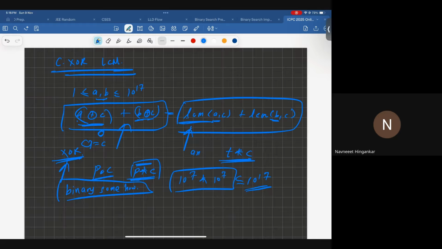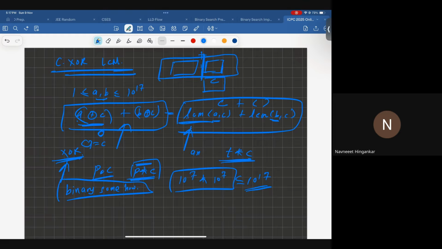And the moment I did LCM of A comma C, this becomes C plus something, right? And B XOR C. Something like this, that C portion is there in binary plus C. This is the binary portion, by the way. Combining it gives you the big binary representation.